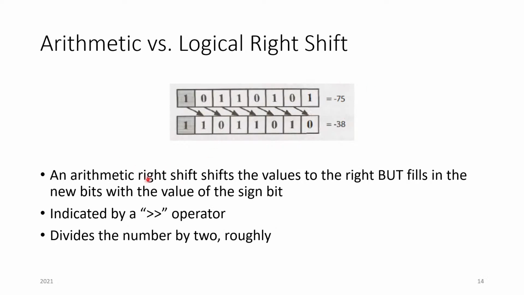So the arithmetic right shift will shift these values accordingly, but it will fill in this new bit here with the value of the previous sign bit in order to maintain its composure. And this is just going to be a double symbol operator for your arithmetic right shift. And yes, it divides the number by 2 roughly, because we can't really represent a decimal number in this form. So that's what we have to pay attention to when we're dealing with it.